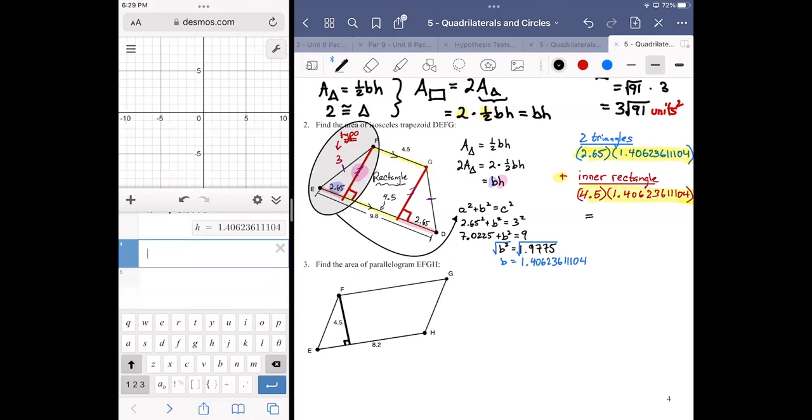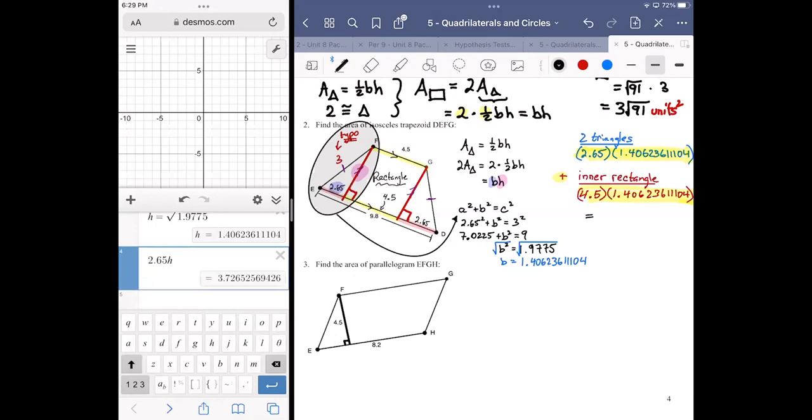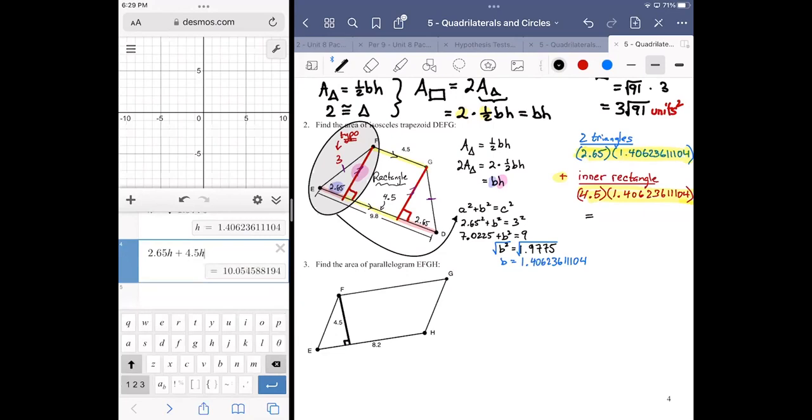So I can do 2.65 h plus 4.5 also h. Right? And so the total area of this trapezoid would be that lengthy decimal. And you know, if you're not given any rounding instructions, your best bet is to just put the entire decimal down as your final answer.